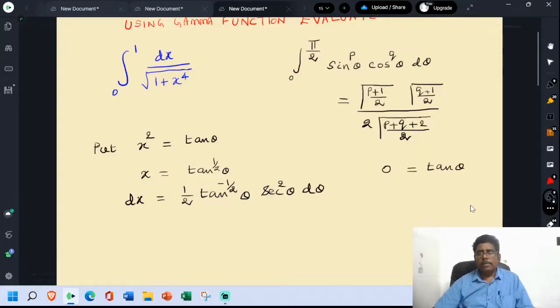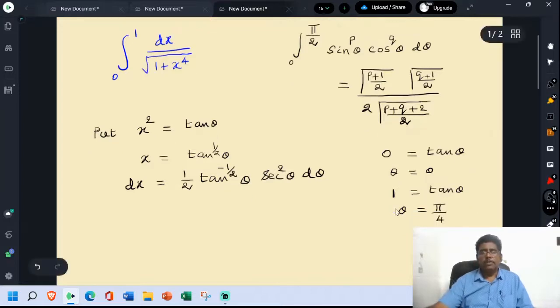Tan 0 equal to 0, therefore theta equal to 0. Then the upper limit is 1. So 1 is equal to tan theta. Then theta equal to pi by 4. Tan pi by 4 is equal to 1.